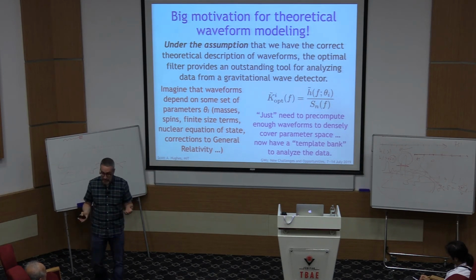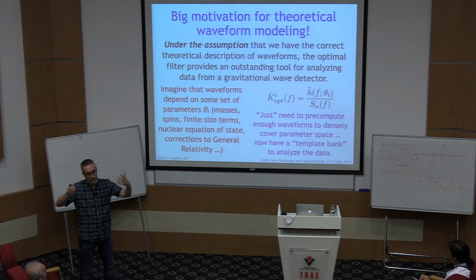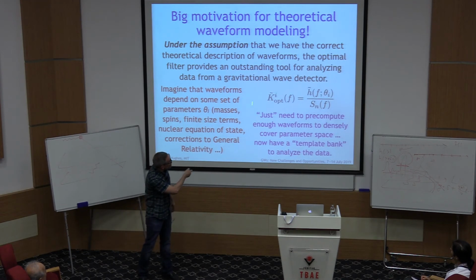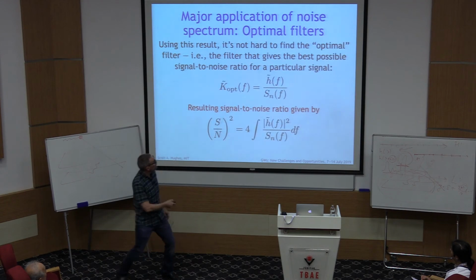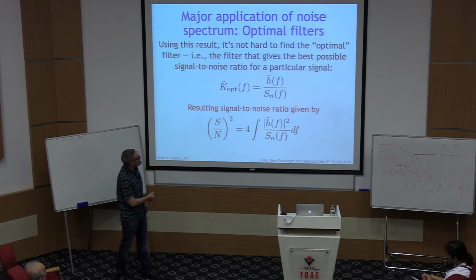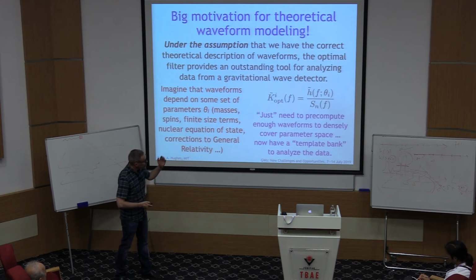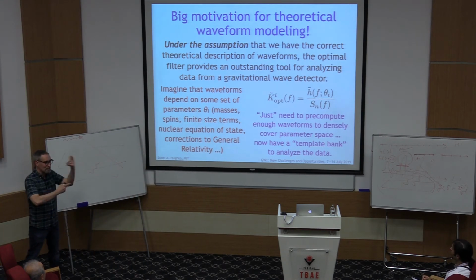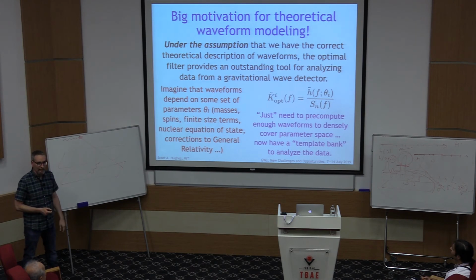If I am interested in exploring physics beyond Einstein's general relativity, some of my theta sub I might be corrections to this. Then all I need to do is build a template bank that covers the space of what my detector is sensitive to, and compute statistics like this over and over and over again. That underlies all the calculations that Badri gave you today.